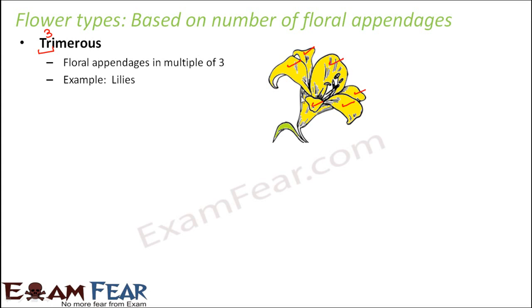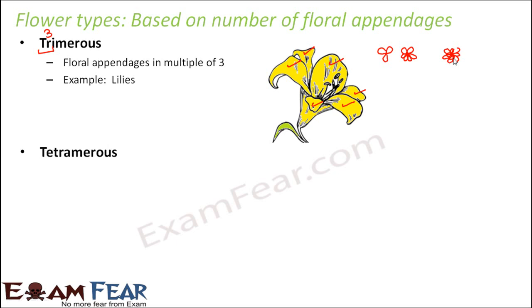So this is a trimerous flower. Quite simple, right? Now, trimerous flowers can have 3 appendages, they can have 6 appendages, again, they can have 9 appendages. Right? So, anything in multiples of 3.